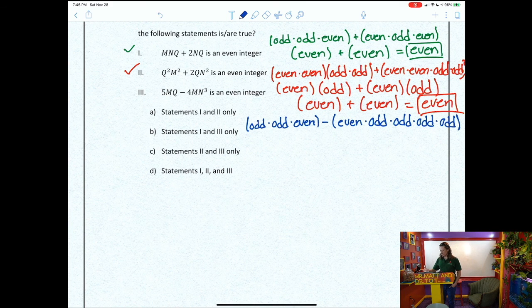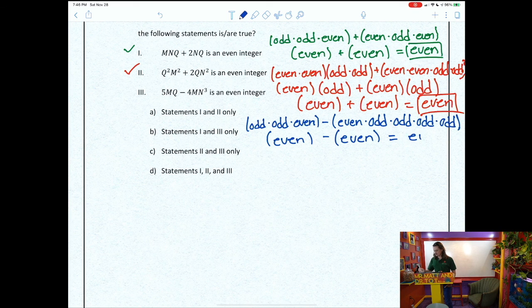So this on the left-hand side is going to be even. An even times an odd is going to be even. That even times another odd will still be even, so on and so forth. So this whole thing on the right is still going to remain even. An even minus an even is even. So 1, 2, and 3 are true, so your answer here is going to be D, statements 1, 2, and 3.